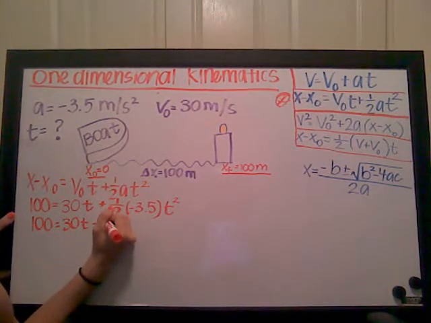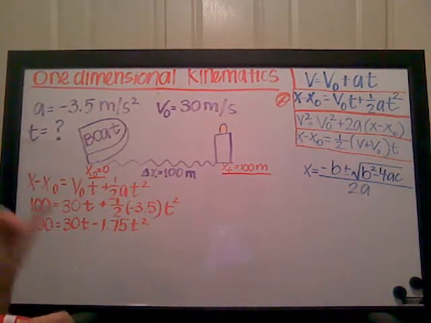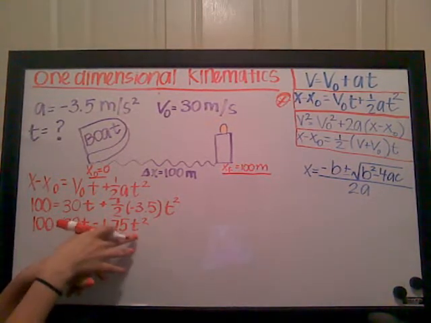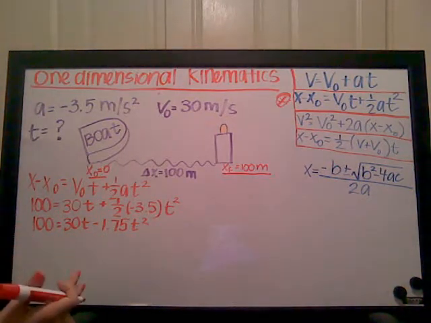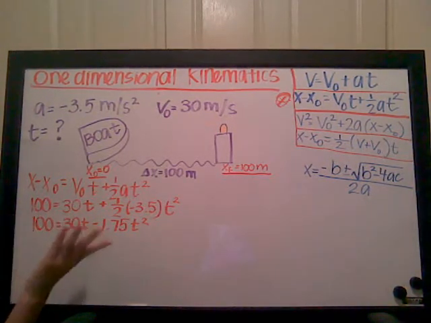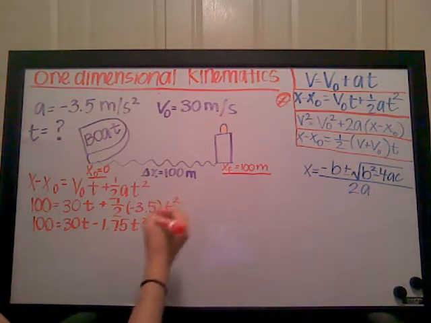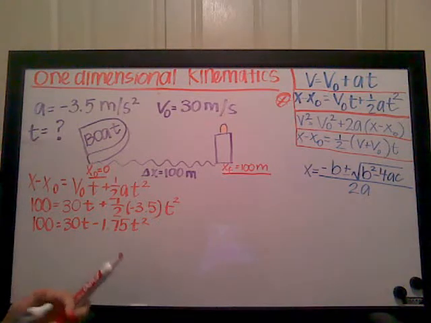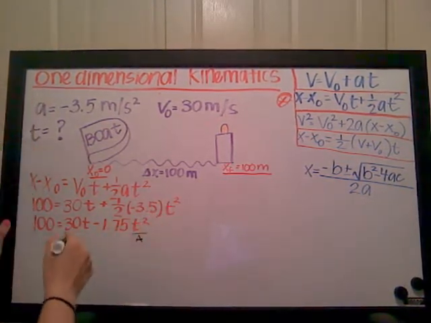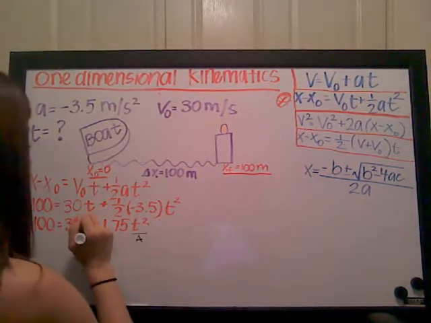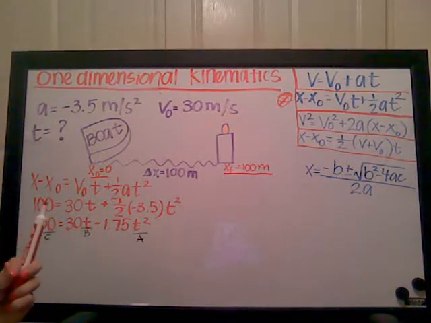So 1.75 t squared. And since we have the variable t and t squared, what we're going to do is move everything over to one side so that we can apply our quadratic formula. And when you're doing the quadratic formula, you're going to want your squared value to be your a, you're going to want your t value to be your b, and your constant to be your c.